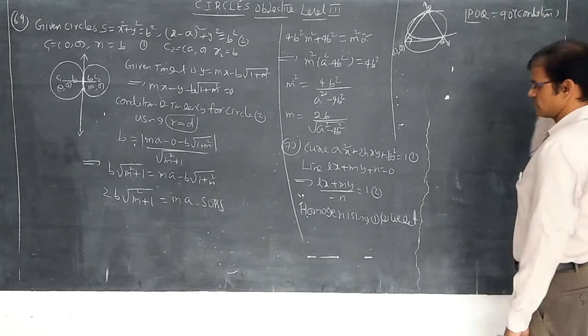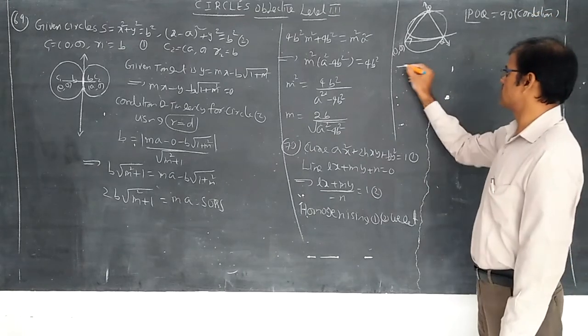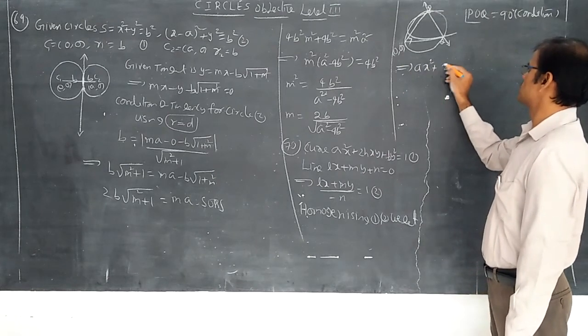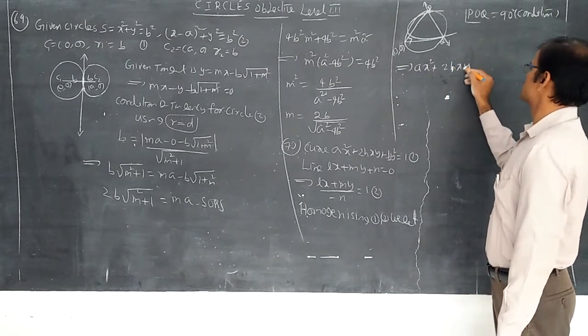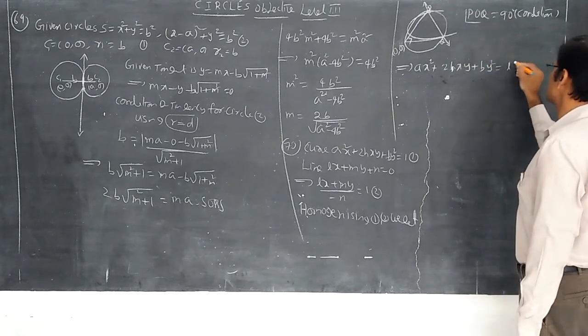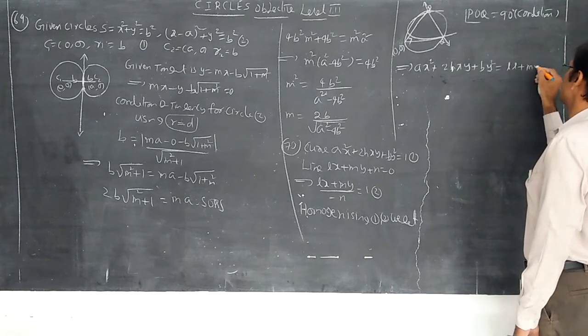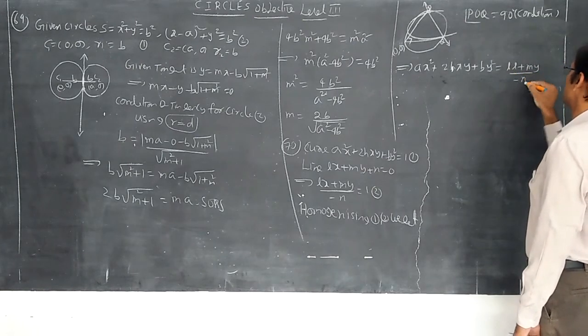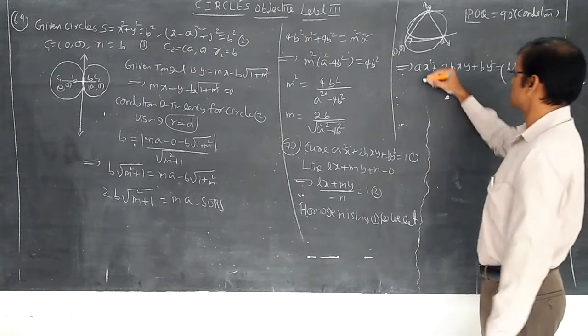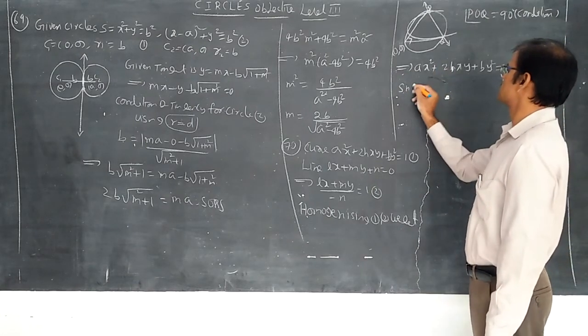So homogenizing 1 and 2, we can write ax² + 2hxy + by² = ((lx + my)/(−n))².